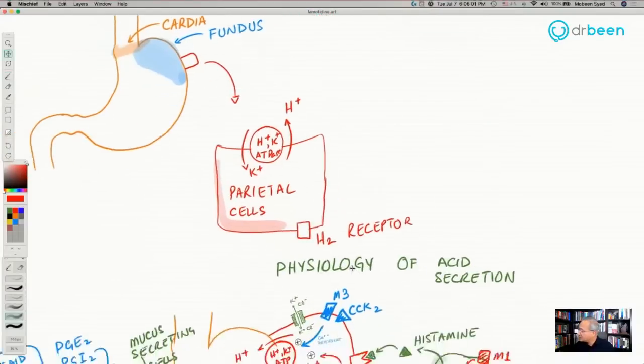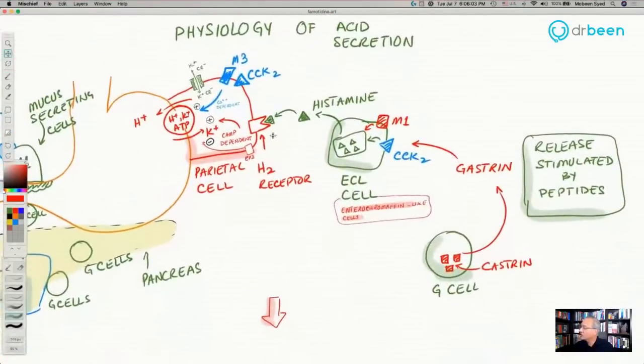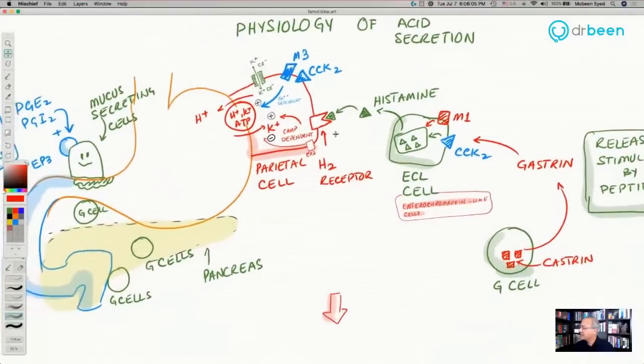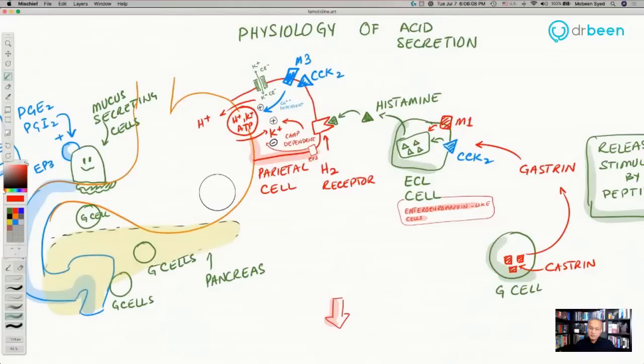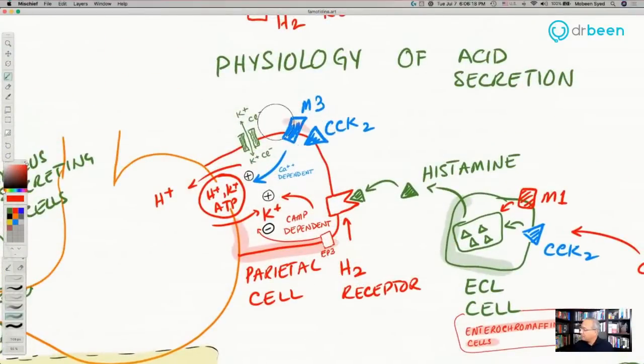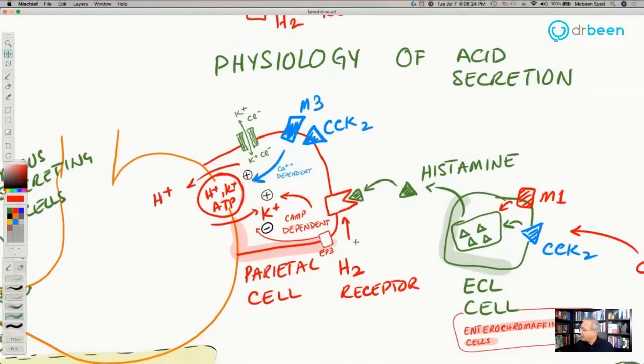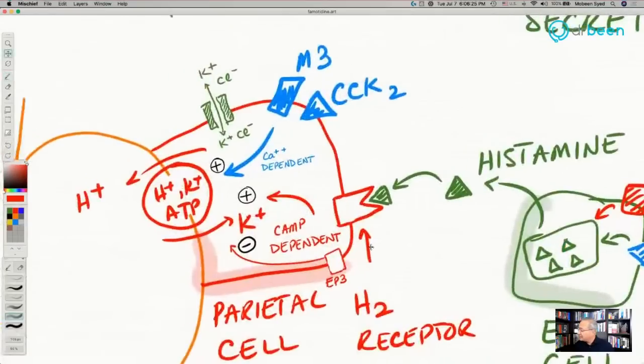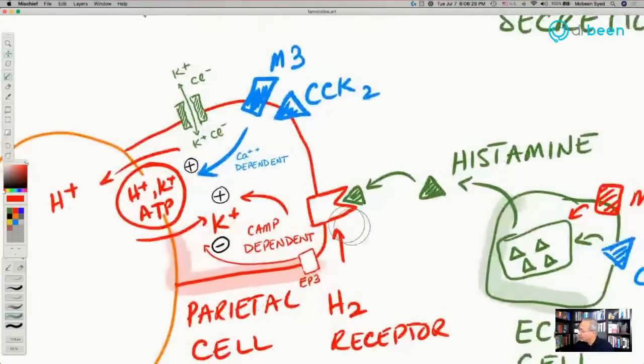Let's continue our discussion on how stomach acid is actually produced. It looks like a busy diagram, but we are going to focus primarily on this area. If I zoom in, this is a parietal cell in the fundal region of the stomach. Let's start from this part.